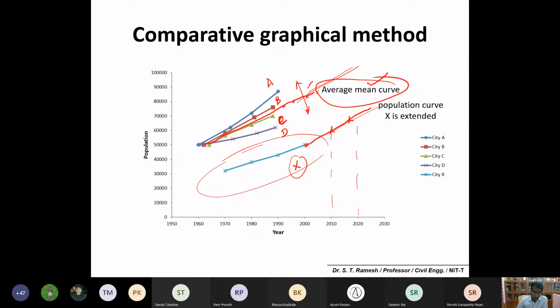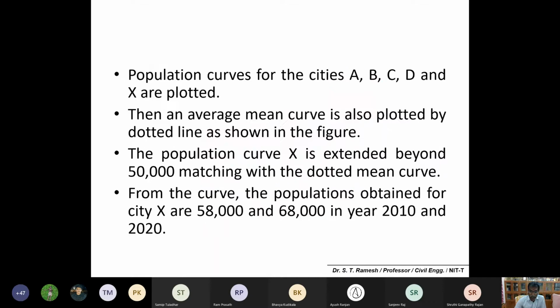You take the average mean value of A, B, C, D and plot it in the graph, and you may get an average curve somewhere here, and extend it for future projection. The same is also extended for the unknown city, parallel to the average mean curve. Correspondingly, you can calculate what will be the future population.